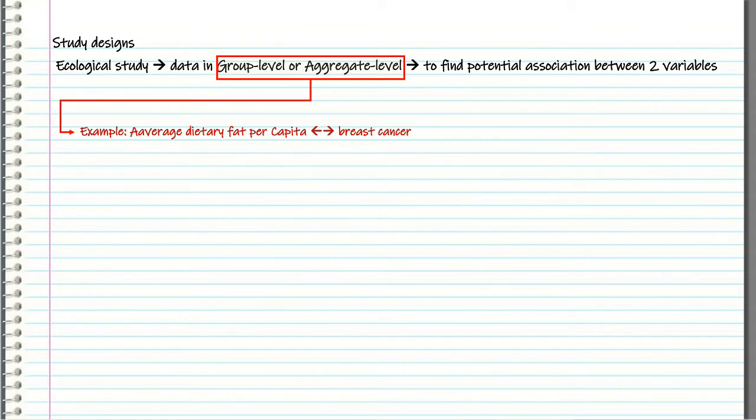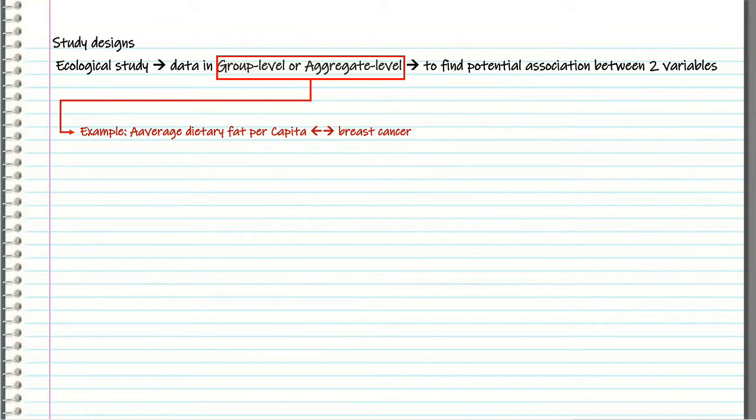Just imagine that we want to find out the average dietary fat per capita and its relation with breast cancer. One thing that we can do is find out how many breast cancers, for example in 1 year, happen in different countries, and how much was recorded about the dietary fat.